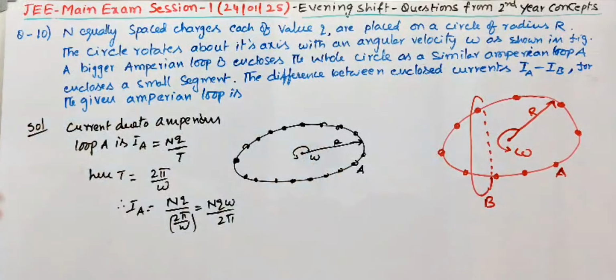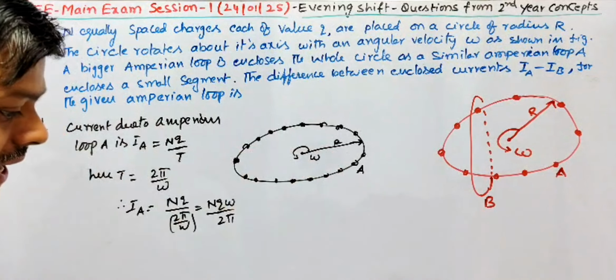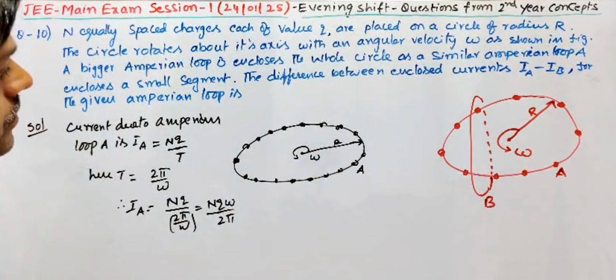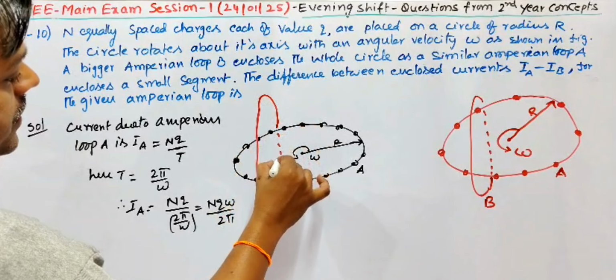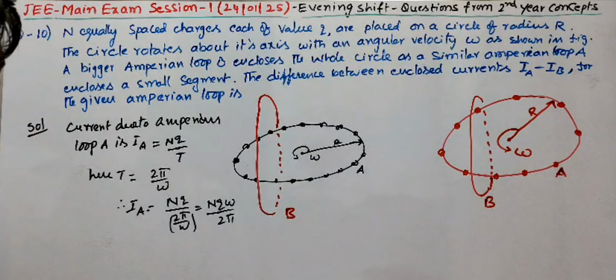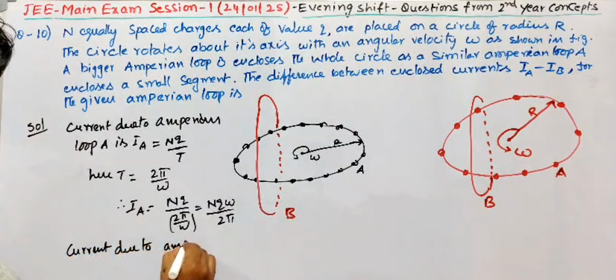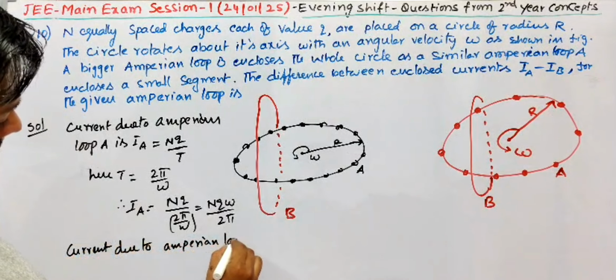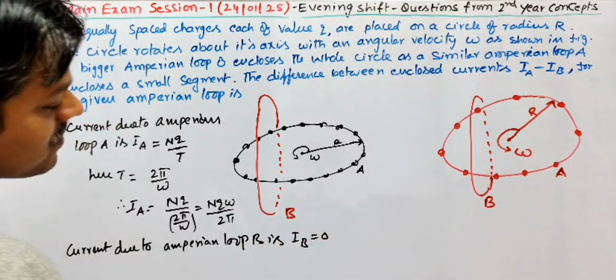Now this Amperian loop carrying current I is enclosed by another Amperian loop B. It doesn't have any charges. So current due to Amperian loop B, I_B, is equal to 0.